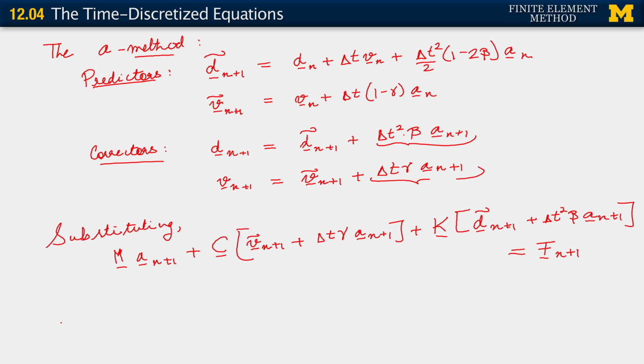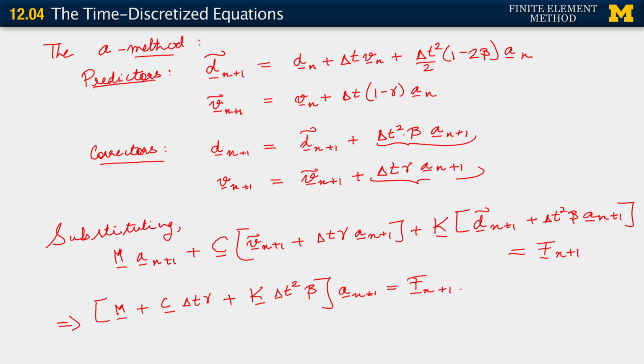All right? So this essentially then lets us rewrite this as m plus c delta t gamma plus k delta t square beta, all of this multiplying a at n plus 1 equals f at n plus 1, and then the terms multiplying the predictors are just moved over to the right-hand side. And why can we do this? Right.